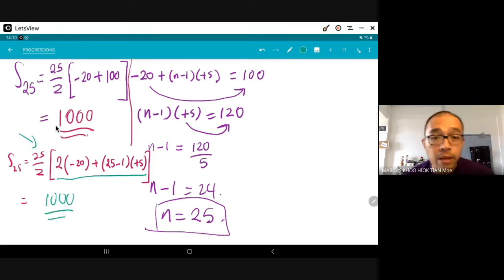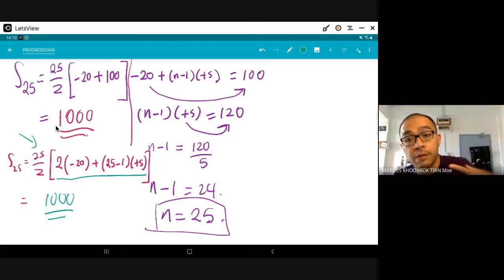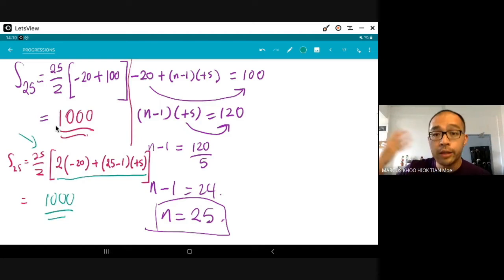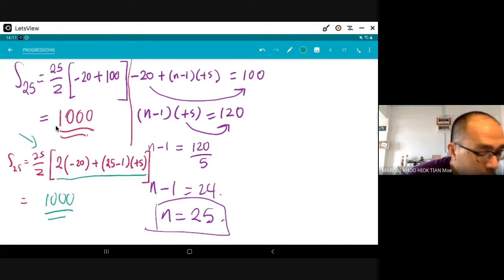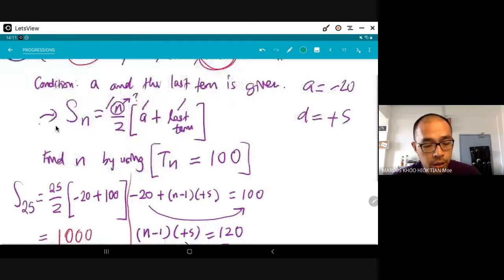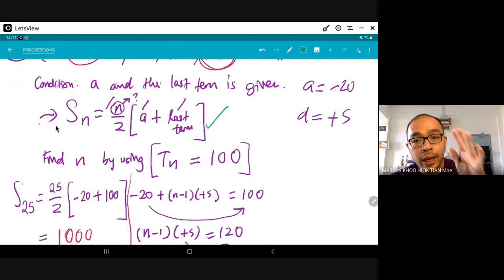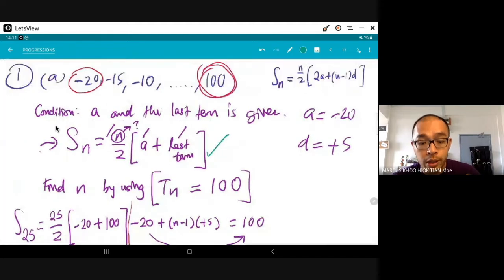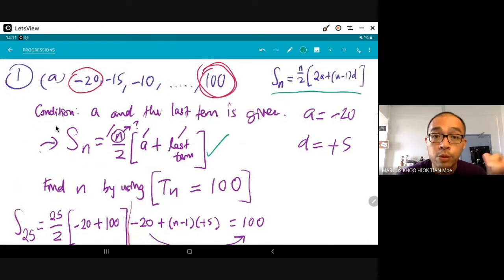Okay, so ada lebih daripada satu cara untuk menjawab soalan ini. Tetapi the point is we need to find what is the value of n. Selagi kita tidak ada the important information, selagi itu kita kena cari cara untuk mencari the information that we want. Okay, 1000. So, kamu guna cara ini, you use this formula, n per 2 kurungan A plus the last term, atau kamu guna the original formula yang kita buat, pun boleh jugalah.